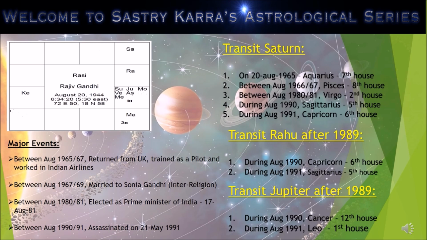So when all the three were in the Rashi Sandhi, that small duration was very crucial for this particular native, and unfortunately the death happened because Saturn, Rahu and Jupiter were very active at that time, and we can't say anything more than that.